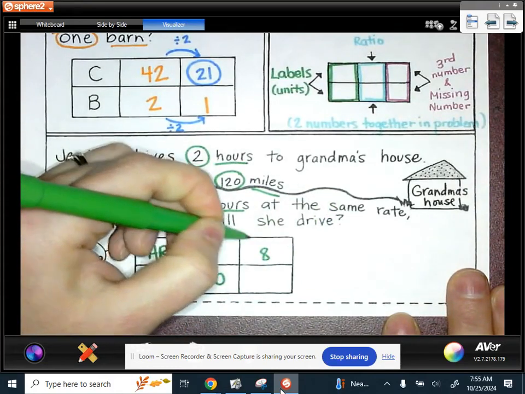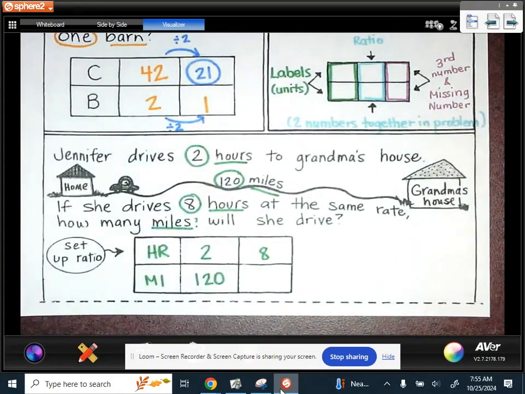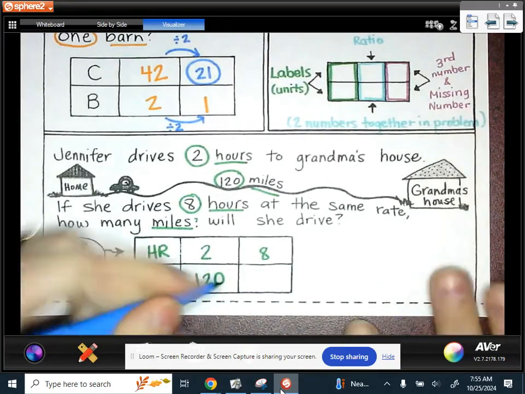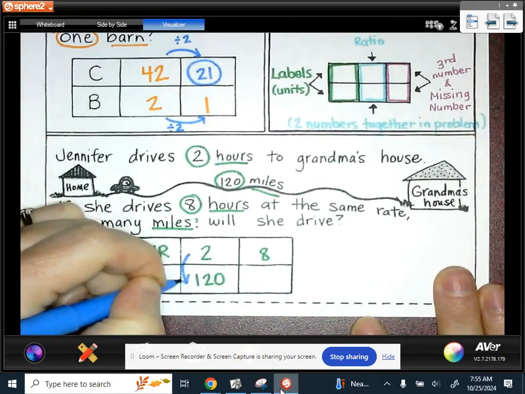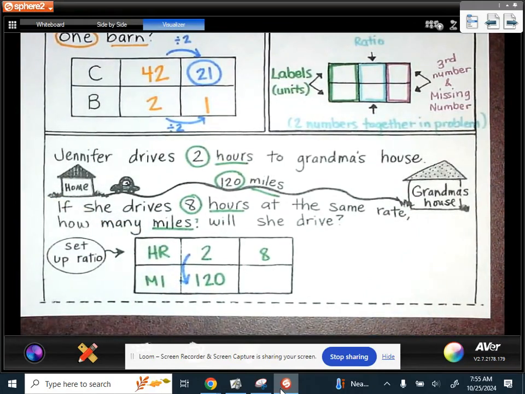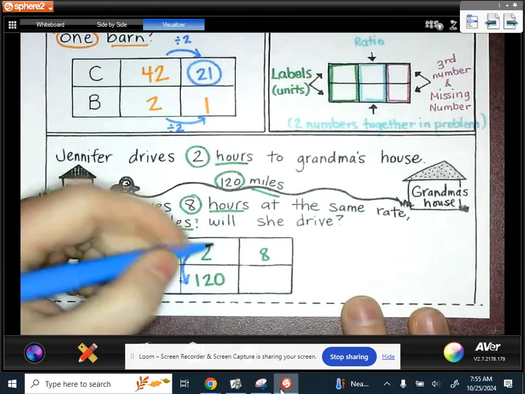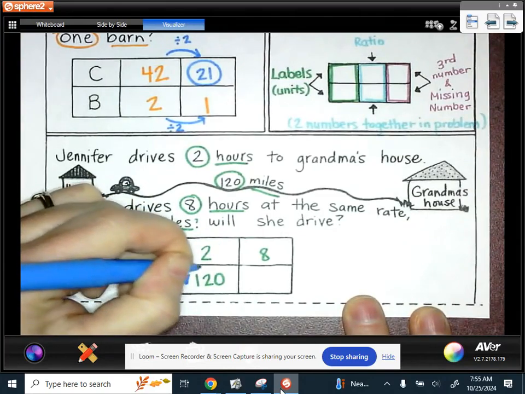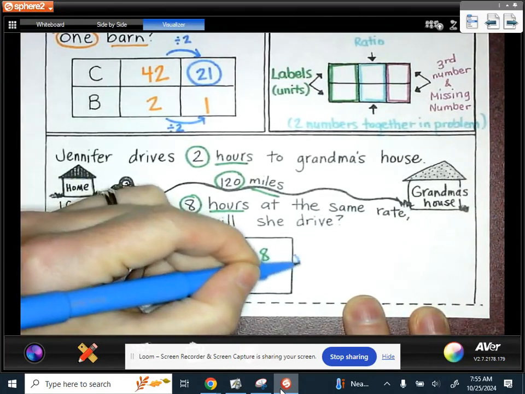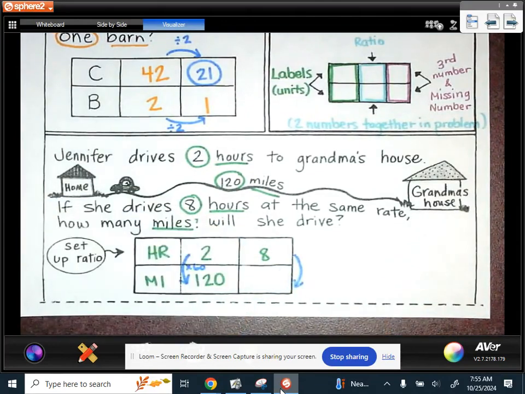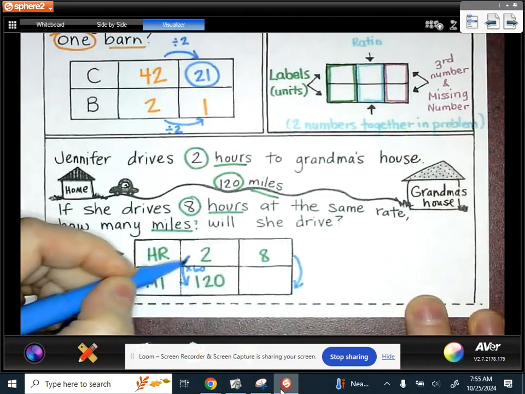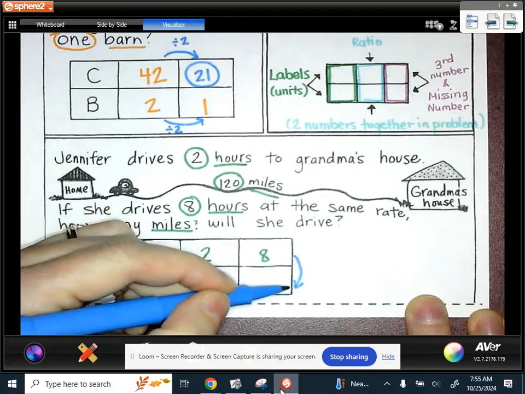Now, I could easily go from 2 to 8, but I do want to show you in your notes that you don't have to go that way. So remember, we can also draw our arrows going up and down. There's something I can multiply 2 by to get 120. So 2 times 60 is 120. And again, your other arrow has to be a perfect reflection. So if this one's pointing down, this one should be pointing down.